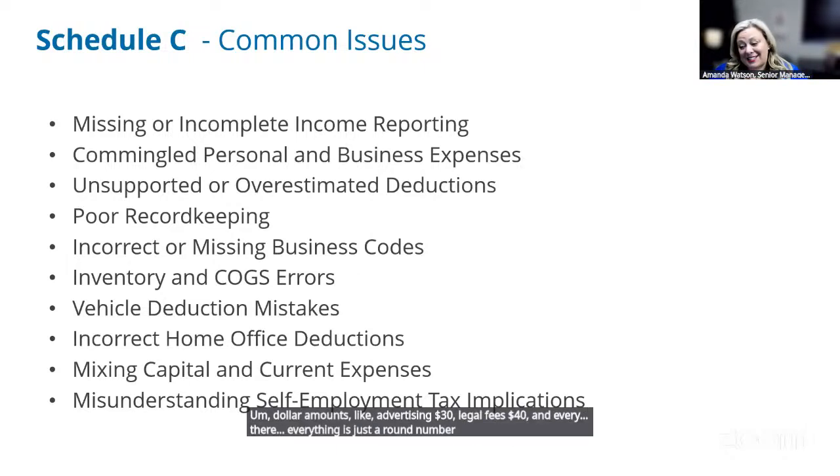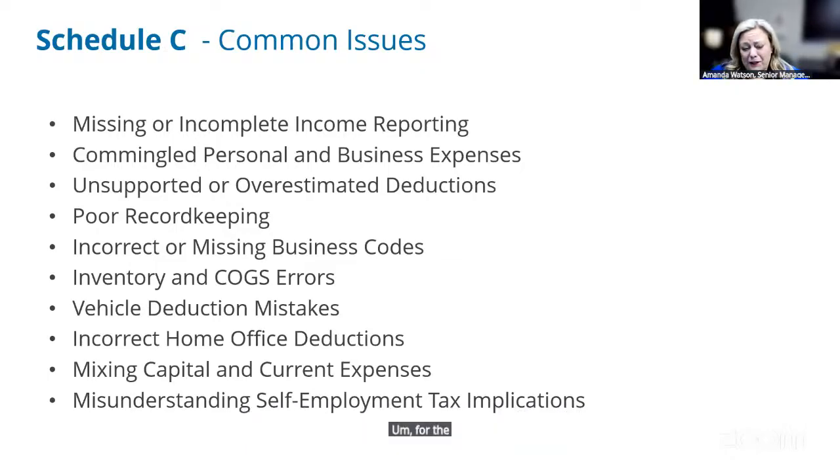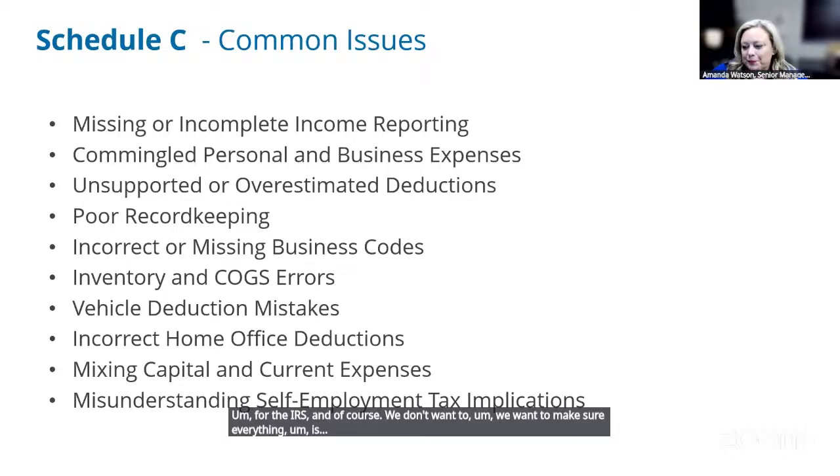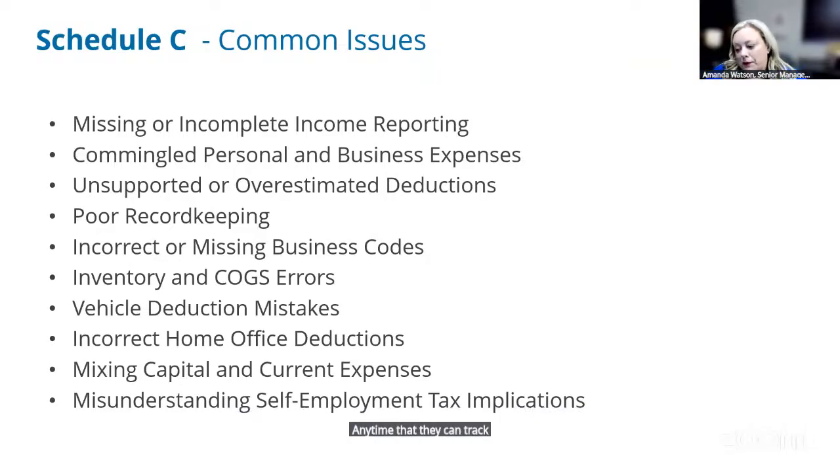That is actually, I think, a red flag for the IRS. And of course, we want to make sure everything is supported. There are some key areas where I see an overestimation of expenses, like meals, for example, or supplies, because they haven't actually tracked those. Anytime that they can track those, it's going to be for the better.